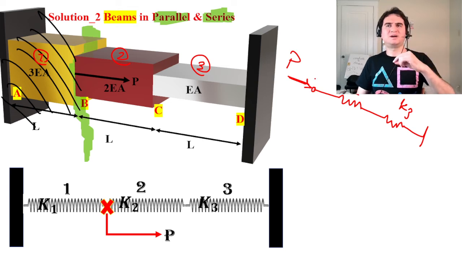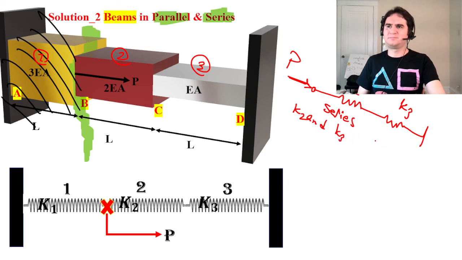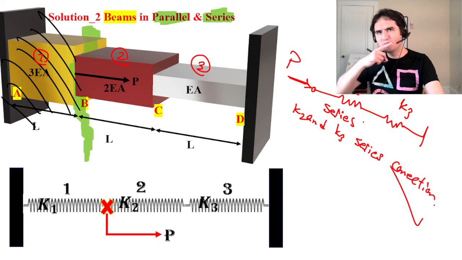It's a hint to a series condition. So K2 and K3 are in a series connection.